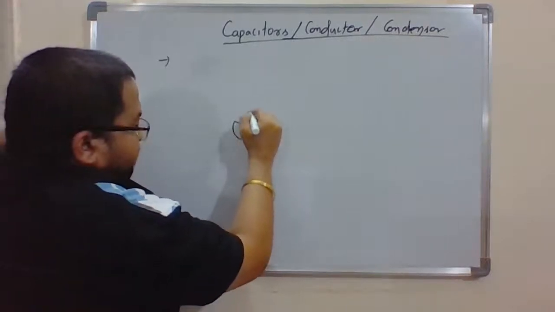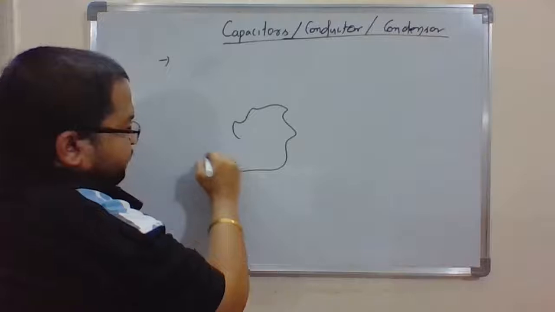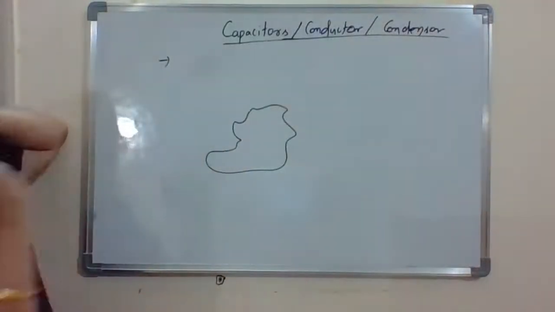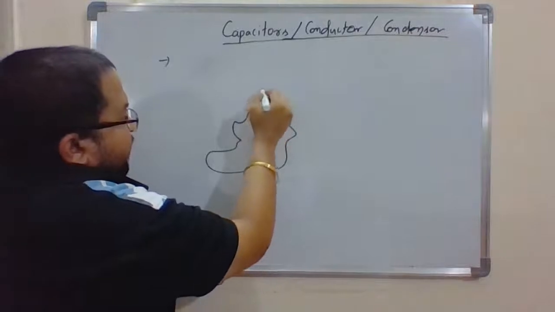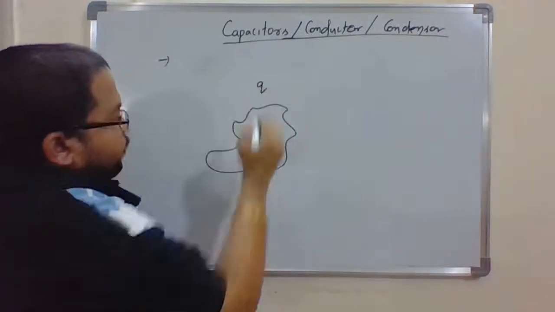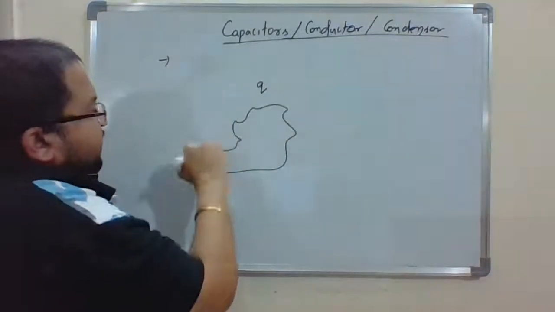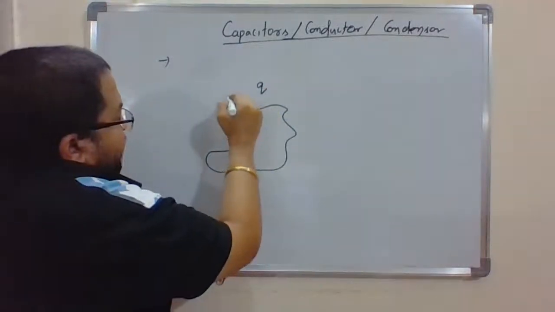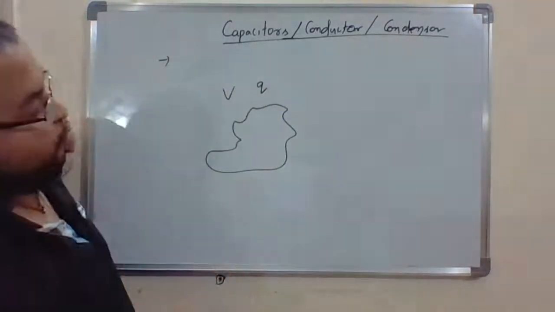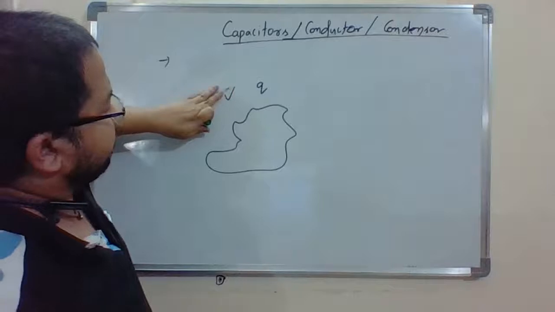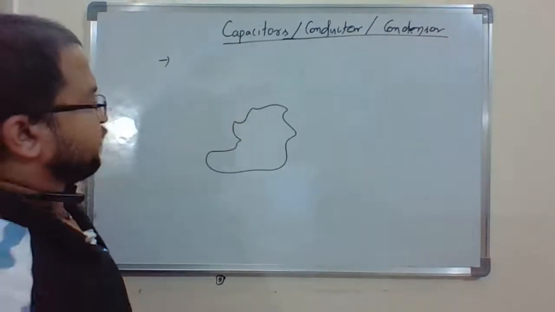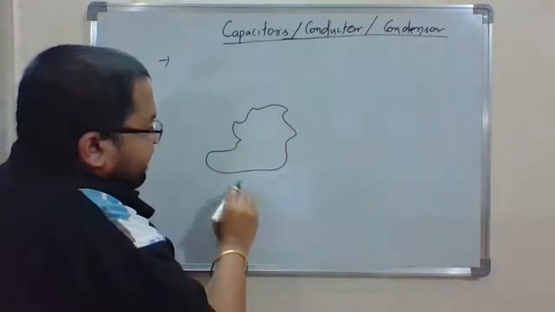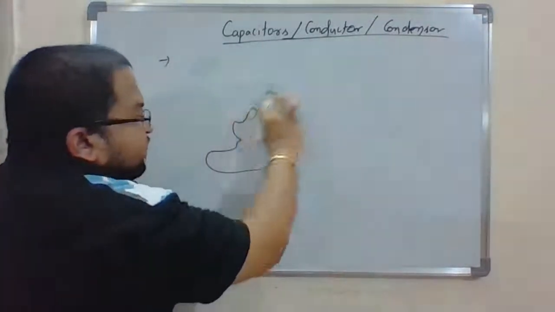So for example, I take a conductor of any shape, and somehow I have given it a charge q, it will have a potential v. Now, even before this, let us just see how I can give it some charge q, right? Initially we know that it will be charge neutral, right?